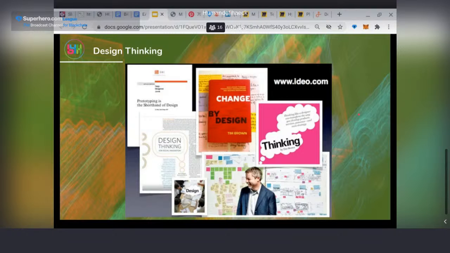So, design thinking. This concept came in, I think, a couple of decades ago. The pioneer was a guy called Tim Brown. He was a product designer and an industrial designer who realized that not only designers were designing things.